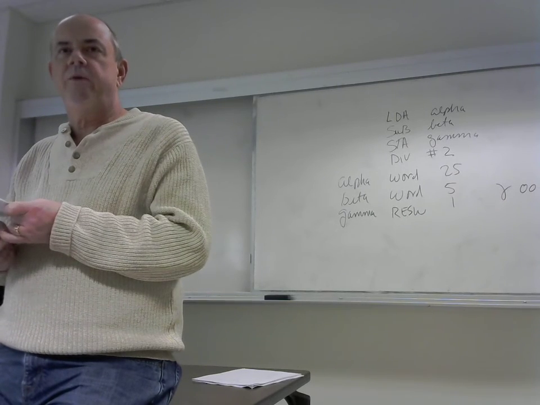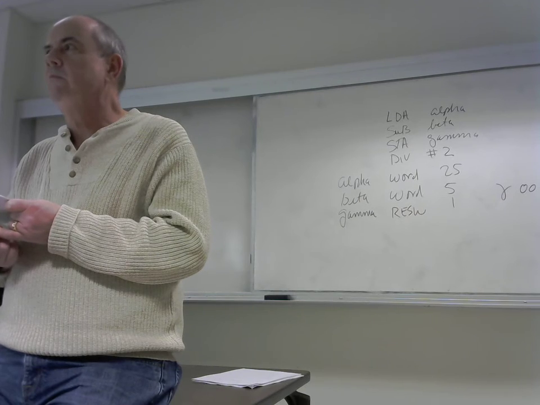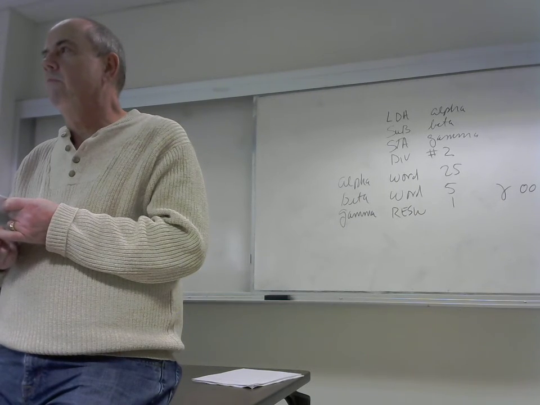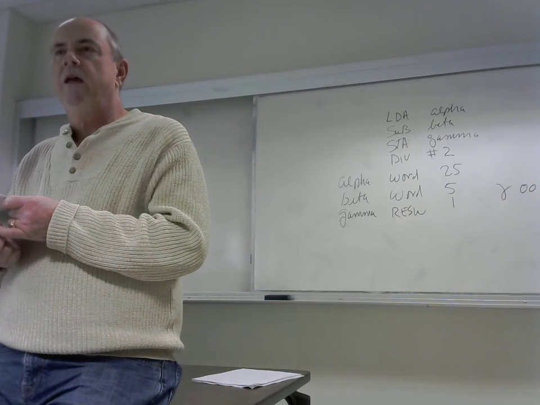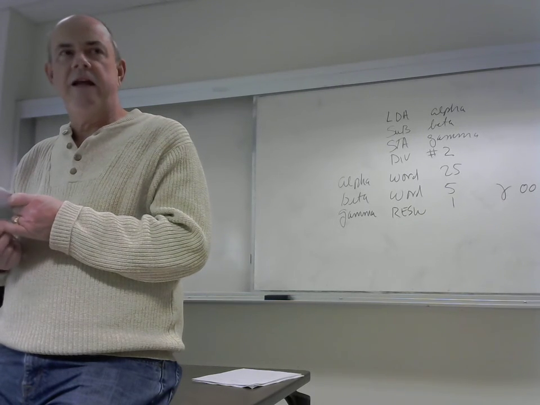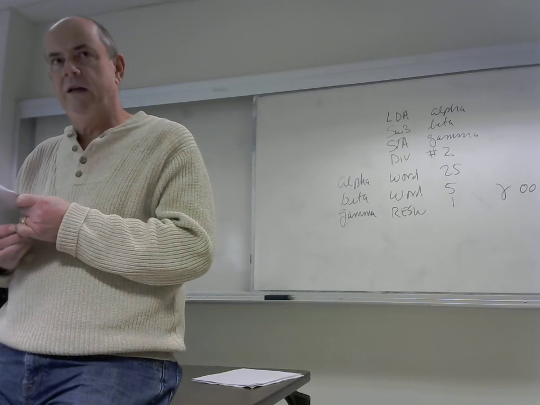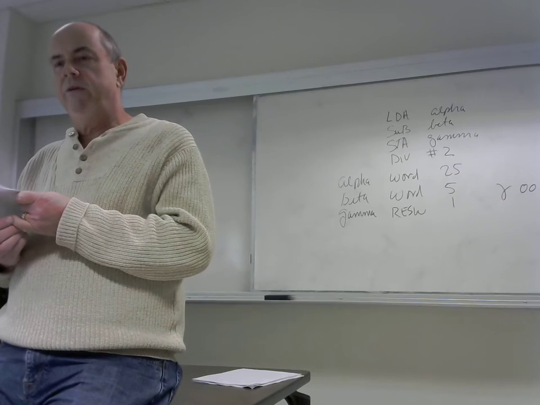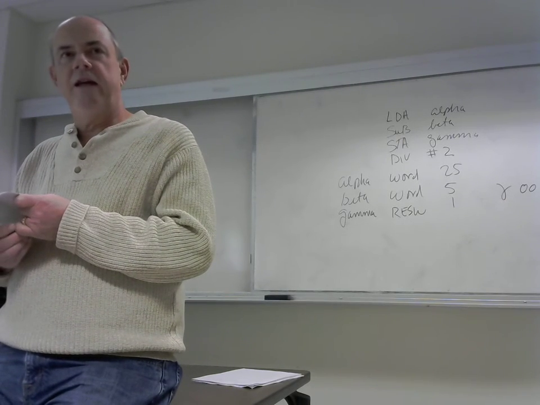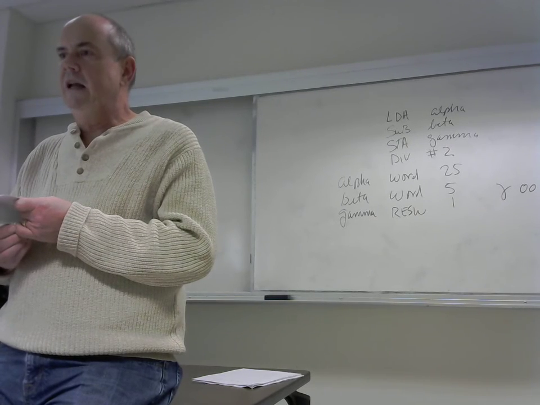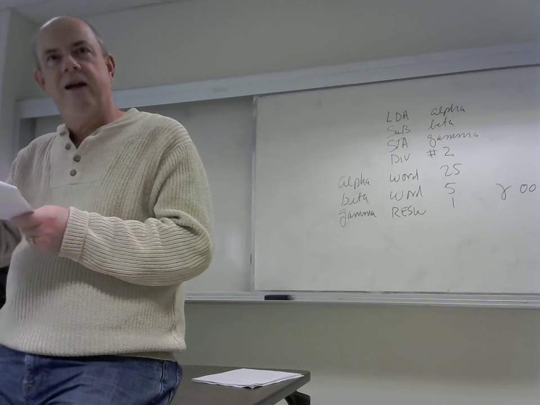Common sub-expression elimination. This is where the compiler identifies an expression that is executed repeatedly. A good example of this would be a for loop. You have something like for int i equals 0, i less than array.length, i plus plus.